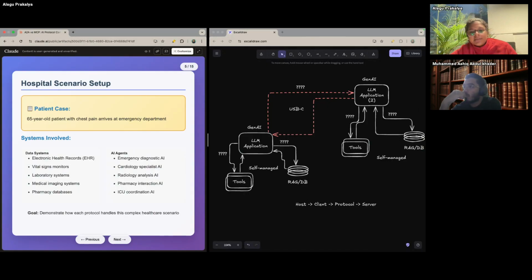Let's say the heart monitor is made by a third party vendor like Philips, the blood pressure monitor is made by GE, and the X-ray is from someone like Abbott.